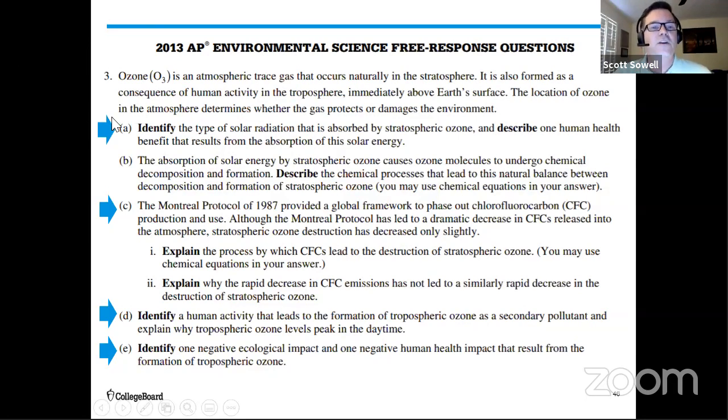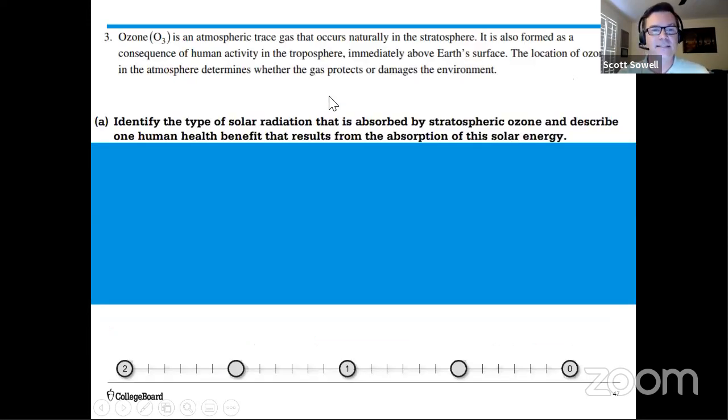The location of ozone in the atmosphere determines whether the gas protects or damages the environment. All right, so let's take a look at A. A says identify the type of solar radiation that is absorbed by the stratospheric ozone and describe one human health benefit that results from the absorption of this solar energy. So take a minute or so and we will look at the answer.